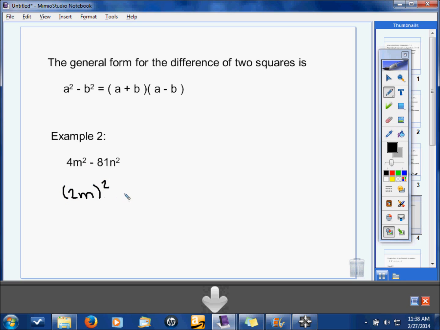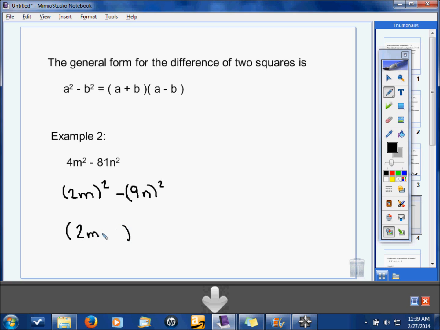The other part, what times itself gives you 81? 9, and an n. 9 times 9 is 81. n times n is n squared. So we do have a difference of two squares. Our two things that are squared are 2m and 9n. So in this case, we have variables that come with it, and you have to look for the complete thing that was squared.